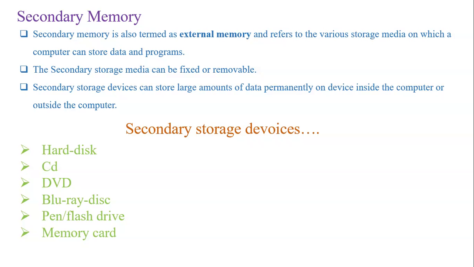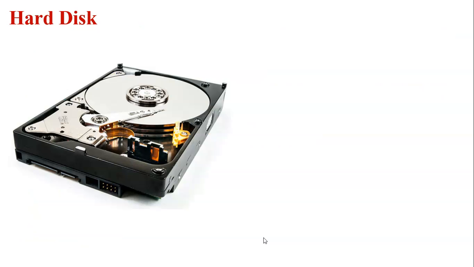Secondary memory, hard disk. Now we will see what these memories are. A secondary storage device can store a large amount of data permanently, inside the device and even outside the device.